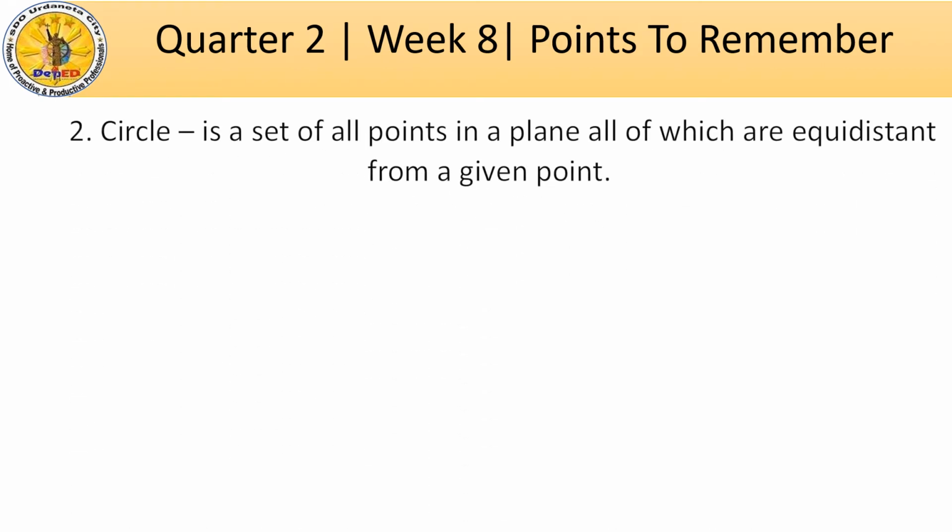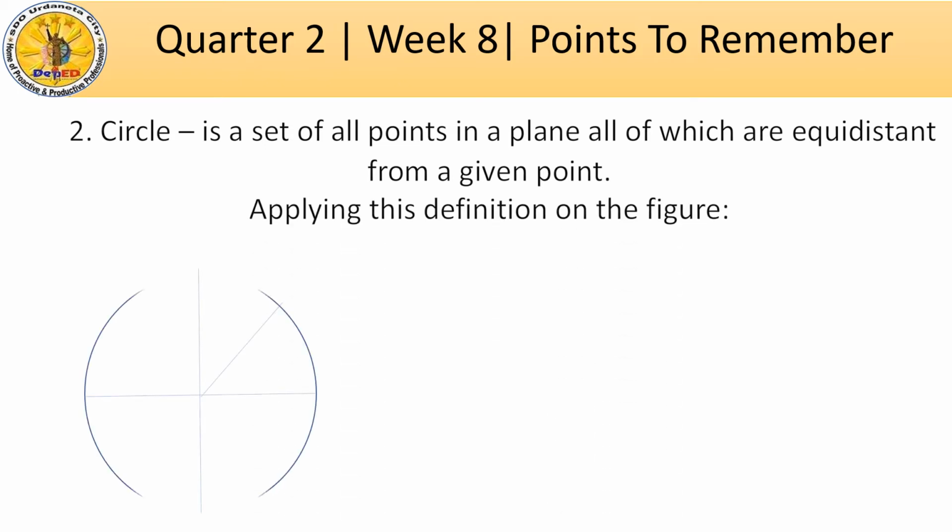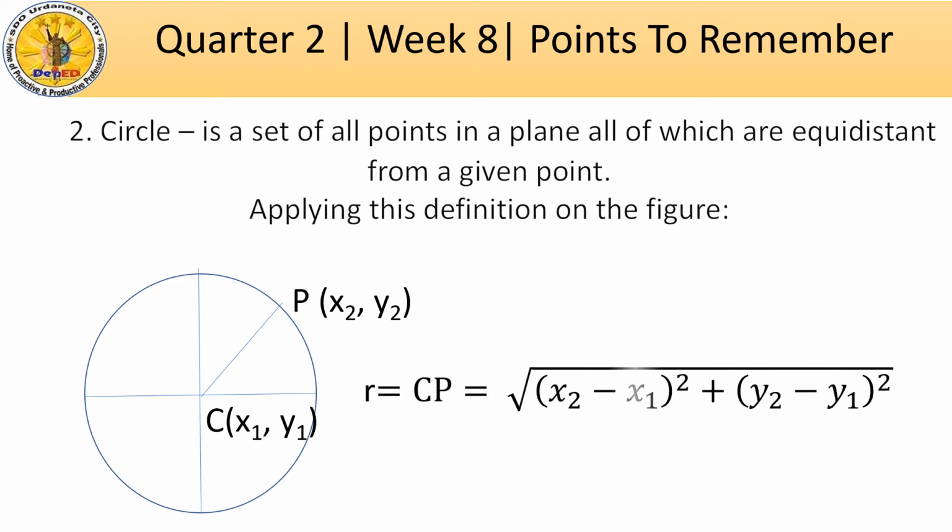Next, we have the circle. A circle is a set of all points in a plane, all of which are equidistant from a given point. Applying this definition on the figure, where C is the center and the coordinate is x sub 1, y sub 1, and point P on the circle, the coordinate is x sub 2, y sub 2.